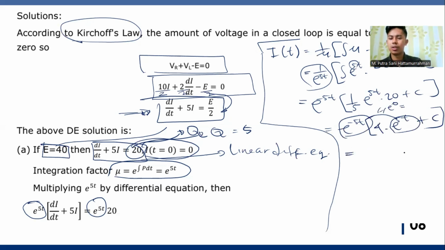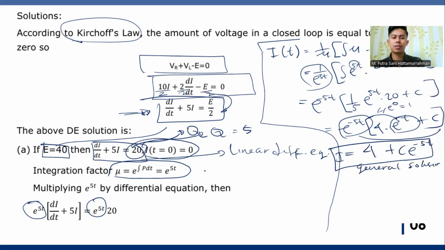So we just have 4, and then the last term, e to the power minus 5t product c. So we have c e to the power minus 5t. That is the general solution.